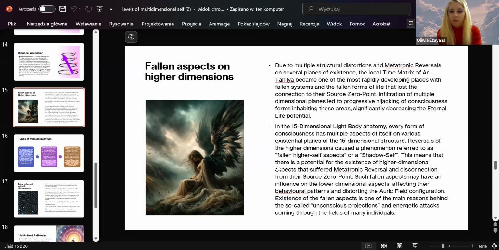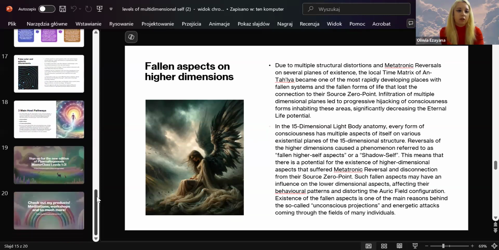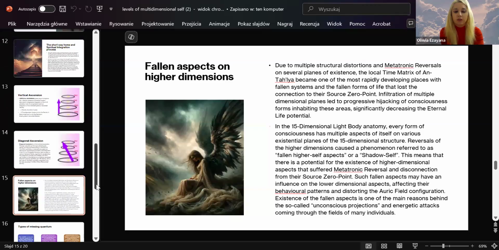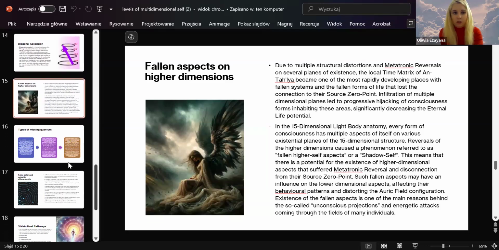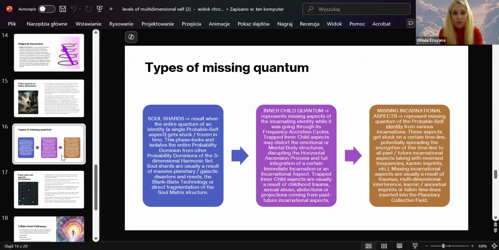Existence of the fallen aspect is one of the main reasons behind the so-called unconscious projections, like those nasty disturbing thoughts you get on the back of your head, and energetic attacks coming through the fields of many individuals. So if you feel like someone is sending you energetic attacks, but they are not conscious of that, the answer is simple. They have a lot of fallen aspects of themselves.